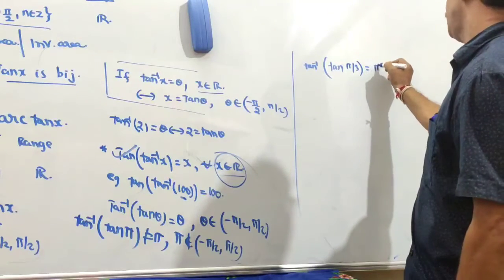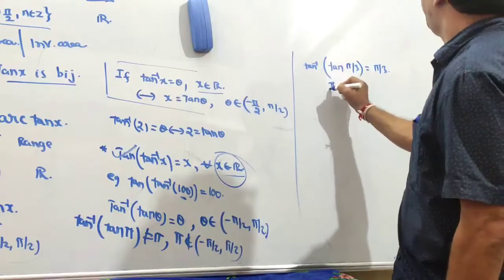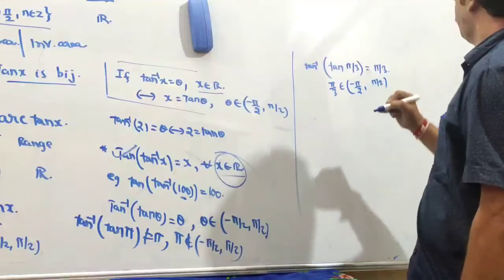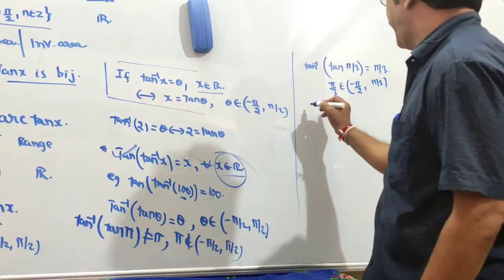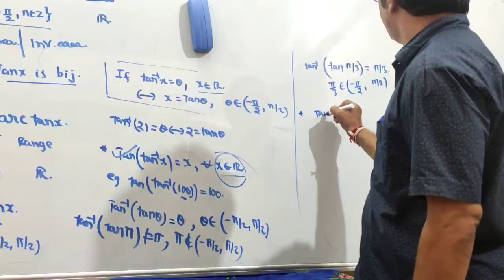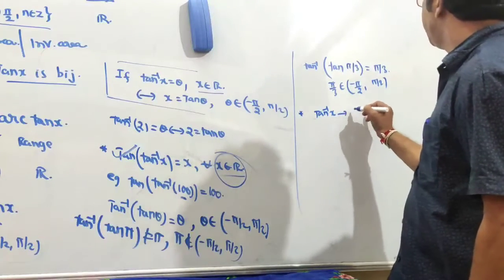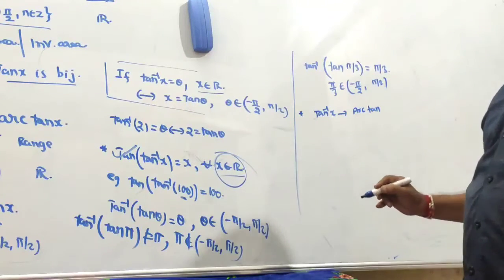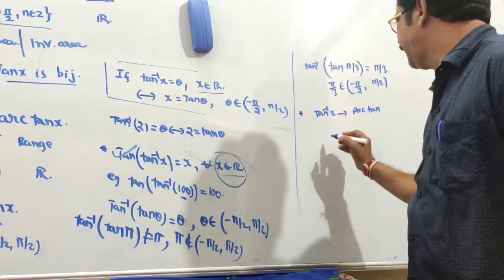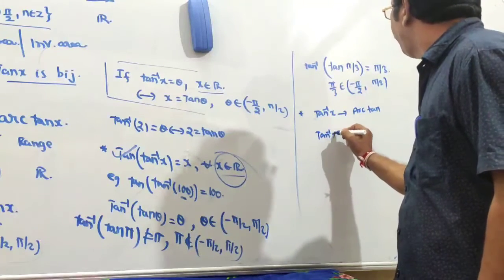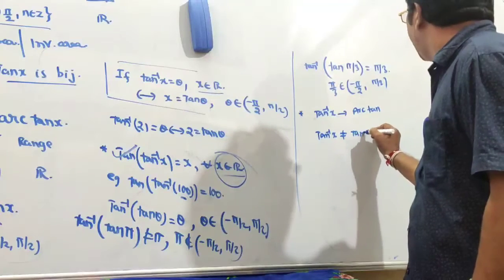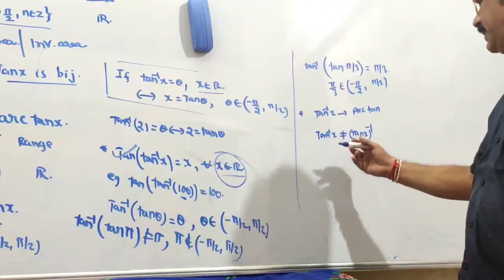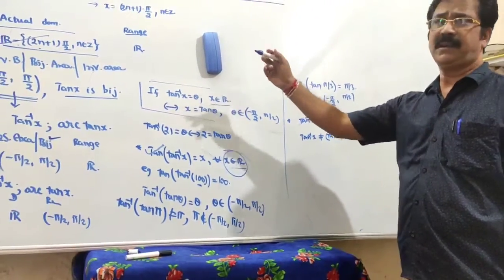It can be written as only pi by 3, because pi by 3 belongs to the open interval of minus 90 to plus 90. Another meaning: tan inverse of x is arc tan x. We can write simply like that. But tan inverse of x is not at all equal to (tan x) whole power minus 1. Similarly, we showed for other powers in sin x and cos x.